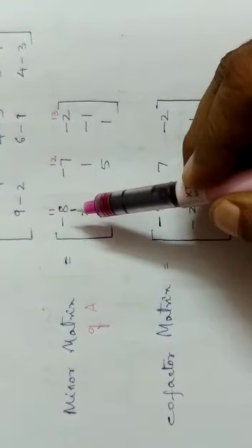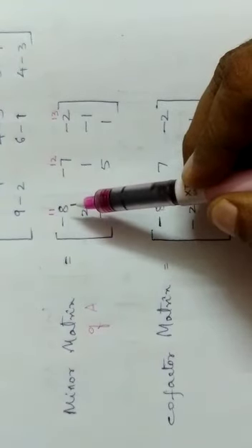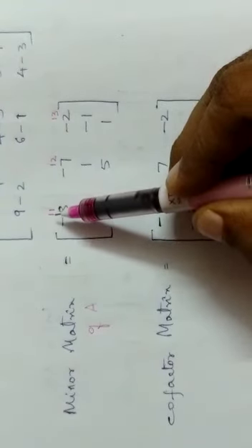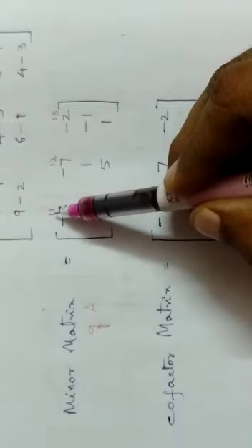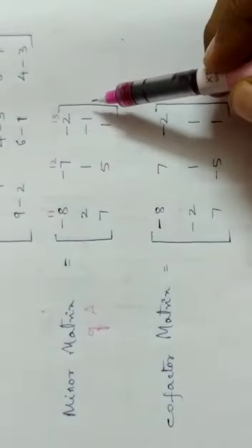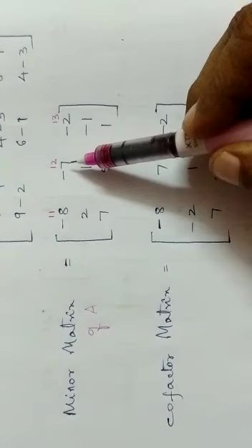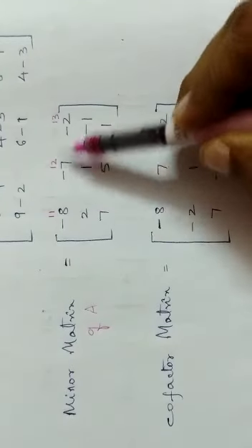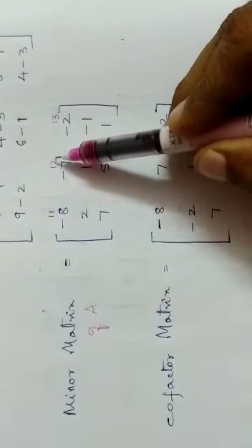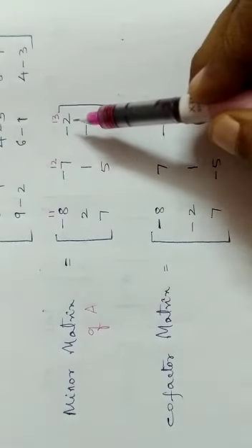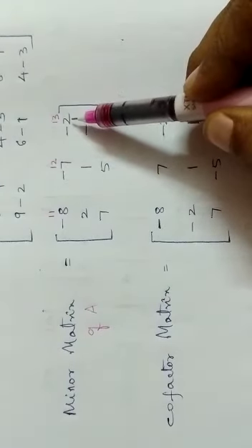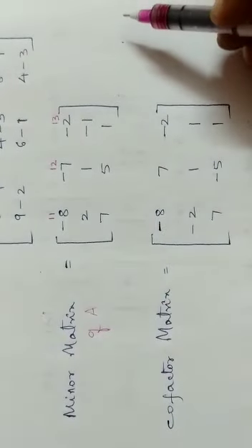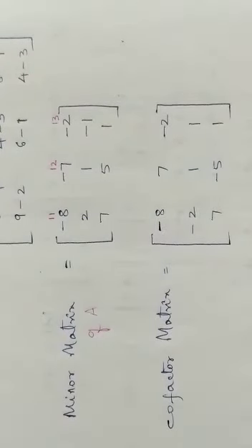What is the position of this element? First row, first column, 1 1 position. First row, second column, so 1 2 position. This is 1 3 position. Now we write the remaining positions.